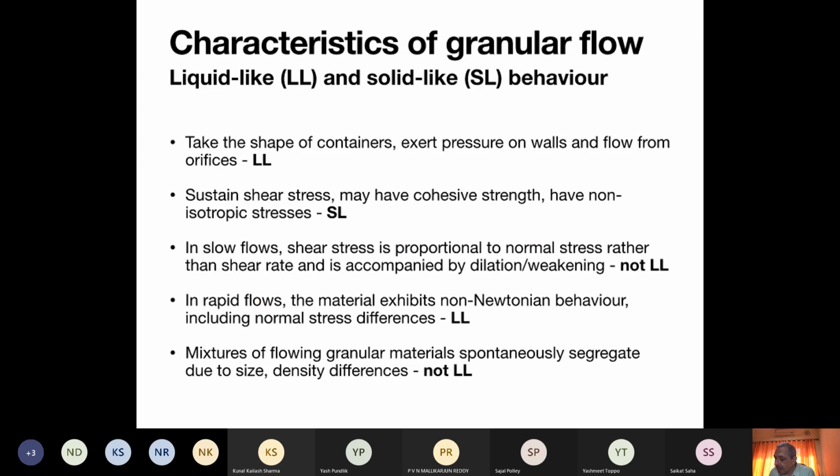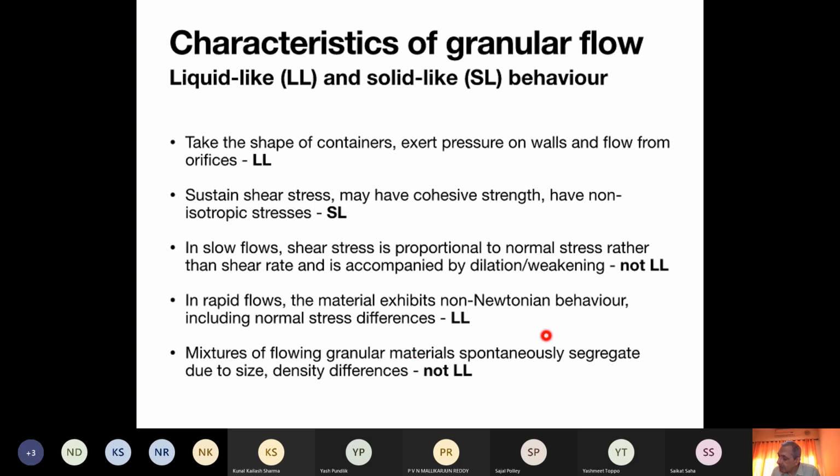But if you look at rapid flows, the material exhibits non-Newtonian behavior, including normal stress differences. And this is liquid-like, though it's not a Newtonian liquid, but the behavior is liquid-like. But mixtures of flowing granular materials spontaneously segregate due to size and density differences. So you take a mixture and then it just separates out. If you take two different densities, then the heavier particles go to the bottom of the flowing layer, and light particles go to the top.